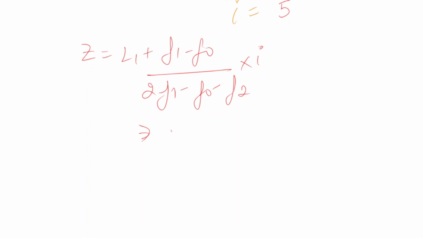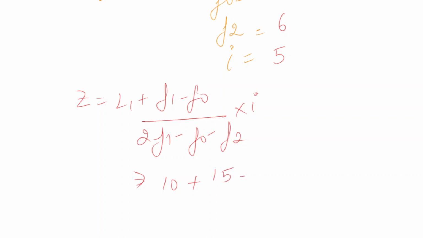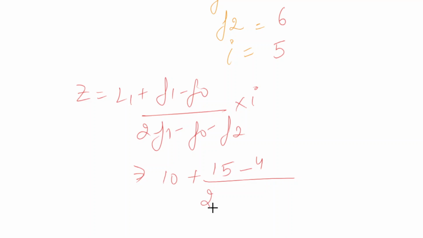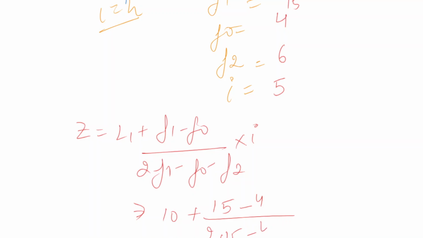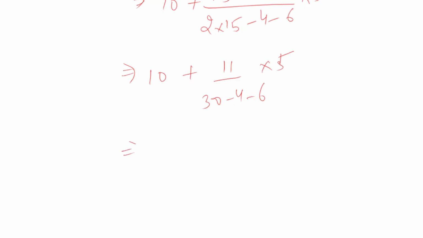L1 is 10 plus f1 is 15 minus f0 is 4, divided by 2f1, that is 2 into 15, minus f0 is 4, minus f2 is 6, into 5. Just following the steps, that is 10 plus 11 by 30 minus 4 minus 6 into 5. Now calculate it.